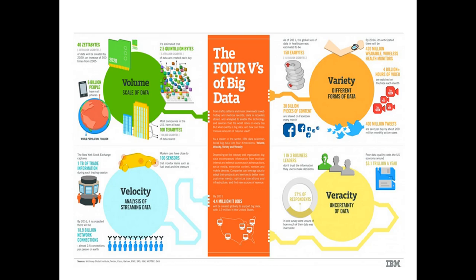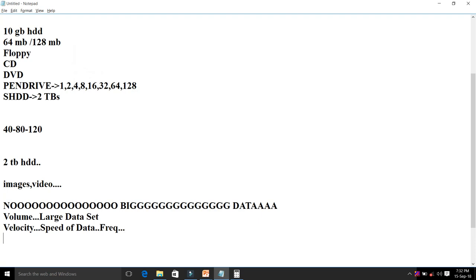When we start analyzing, we find the varieties of the data. The varieties of data come in three forms.